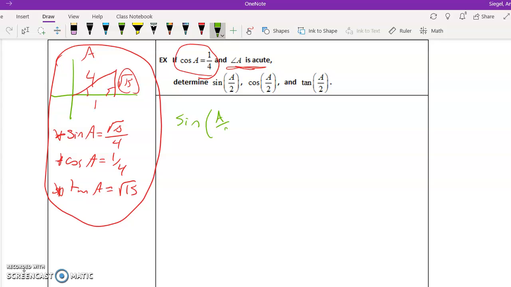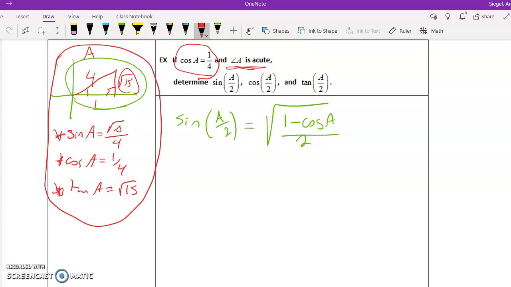Okay, so what we're going to do is we're just going to start with one of them. So I'll walk you through the sine one. So sine of A over 2. So I'm just going to use that formula. And again, it's in that first quadrant, so we're not going to worry about plus or minus. Okay, so the next thing I want to talk about is that cosine of A is 1/4.